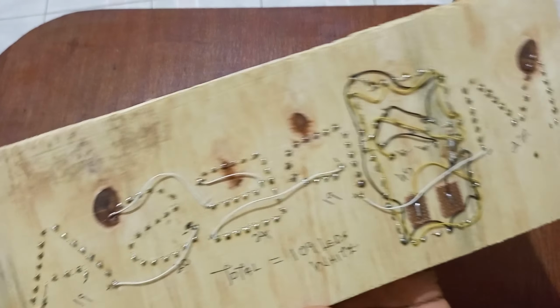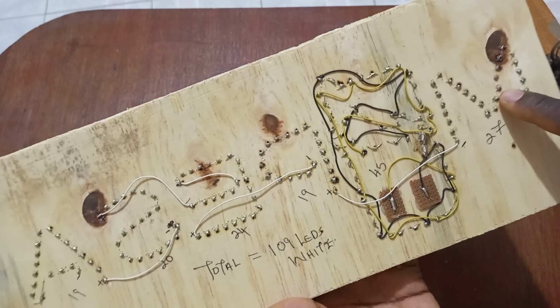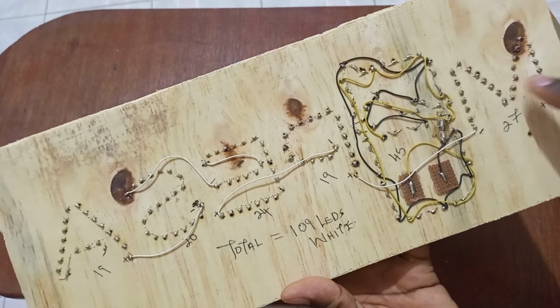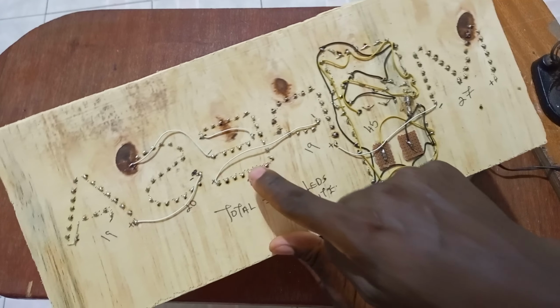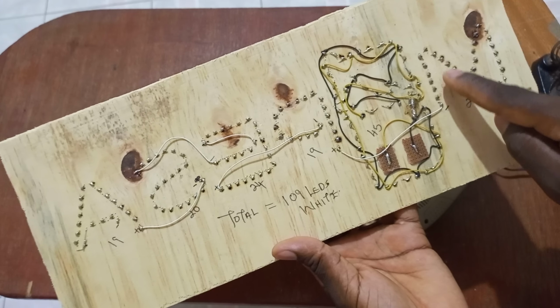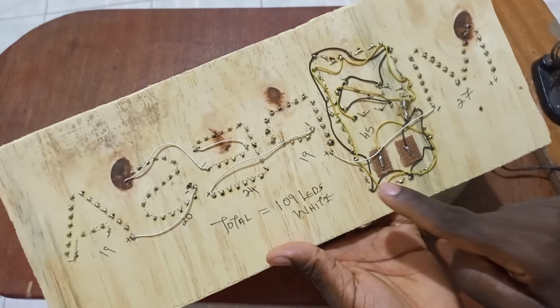The next step is to connect the LEDs on the letters in series. For letters M, P, E, S, and A, you connect all these LEDs in series.